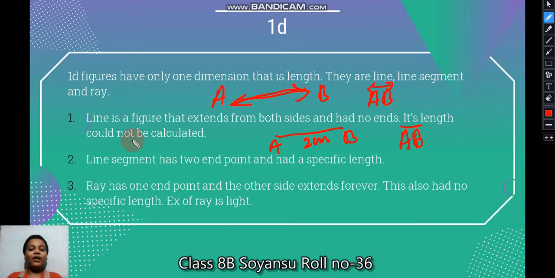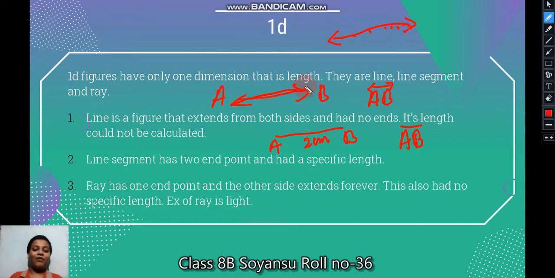So what are lines made up of? When many points come together, we have a line segment. And when we extend this line segment from both ends, we get a line.